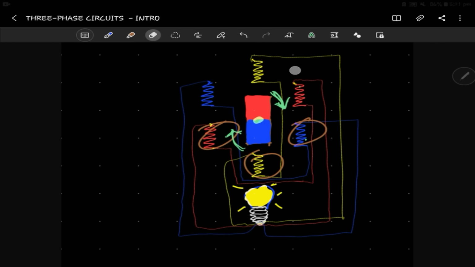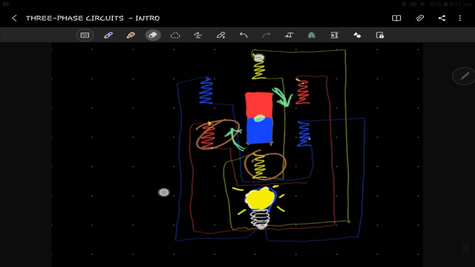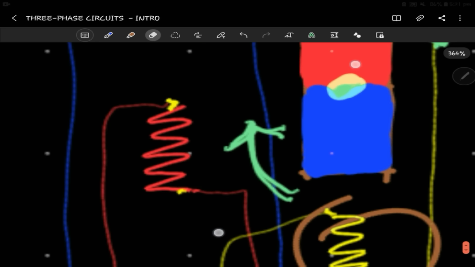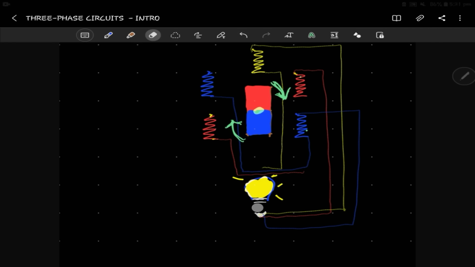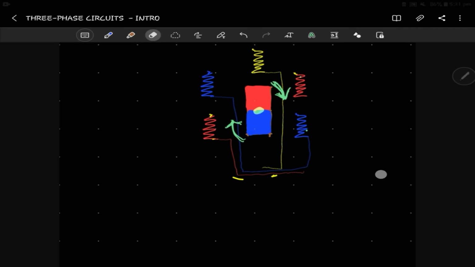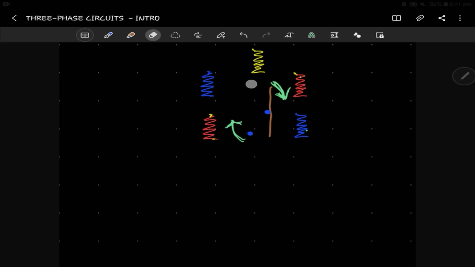So let's see the star arrangement that we are talking about. Let's see if we can do that. Okay, so if we manage to take this off, let's clean them up. Let's disconnect from this. Let's take the bulb and the wires out, right? Let's take the magnet out as well. Okay.